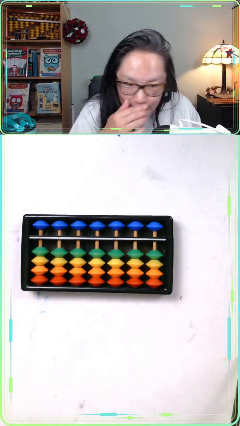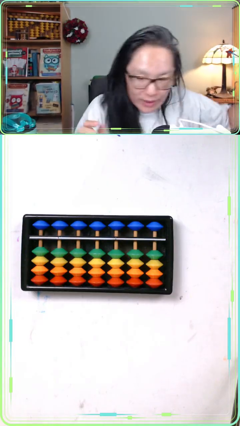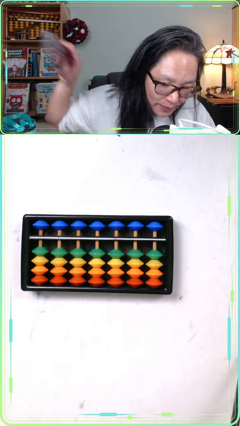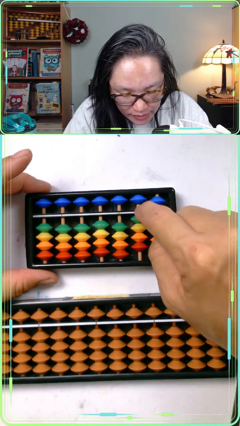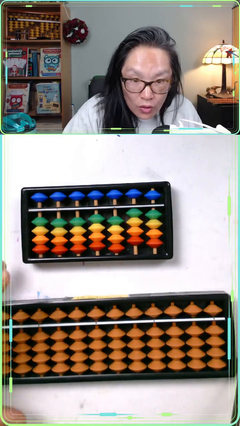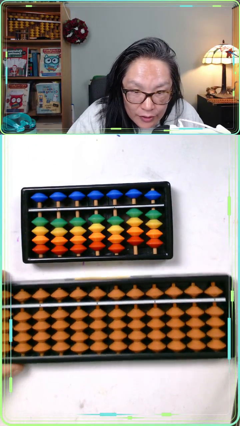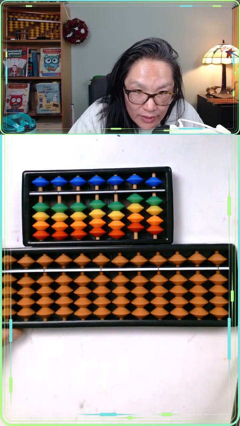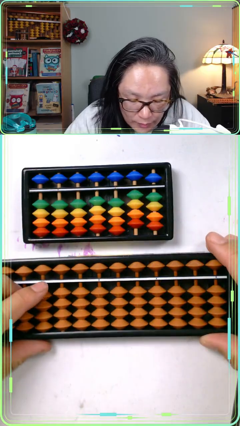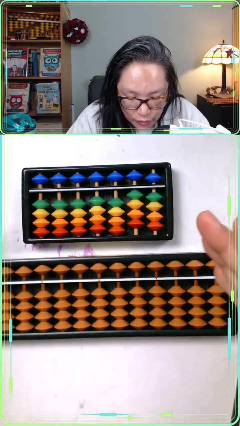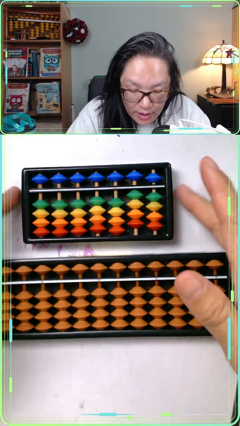I do have the abacus. Oh, wait, before you go, I do have 2 sets of abacus. I have the colorful abacus, which is 7 columns, 1, 2, 3, 4, 5, 6, 7, or I do have the 13 column abacus. The reason I would have the 13 column abacus is because this would be helpful for doing multiplication and division because you have more room to hold your numbers.